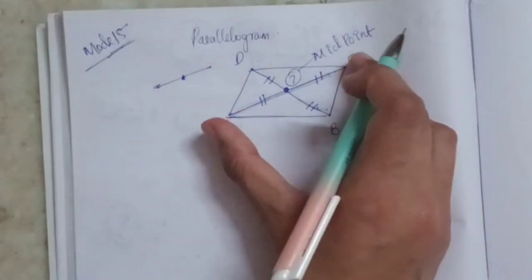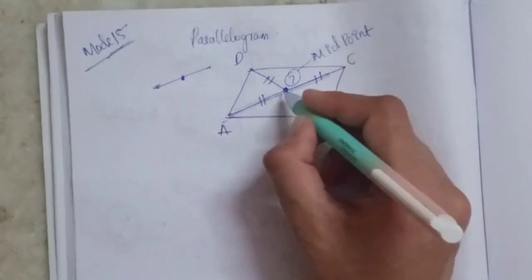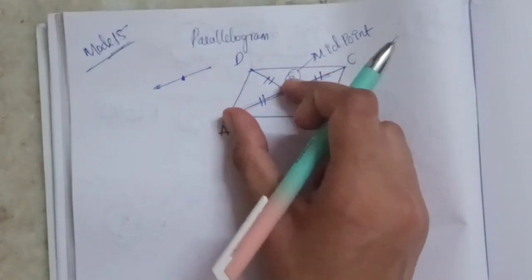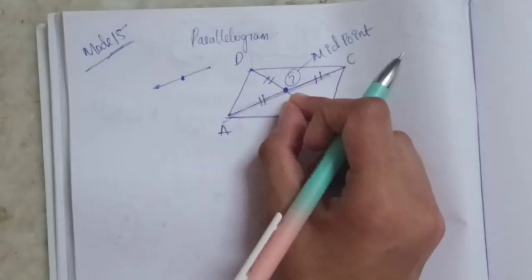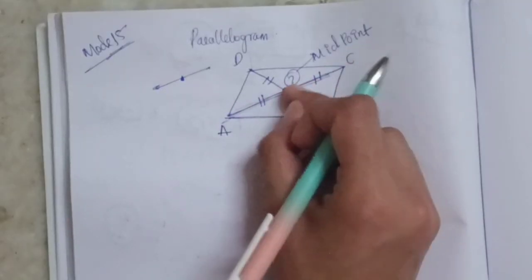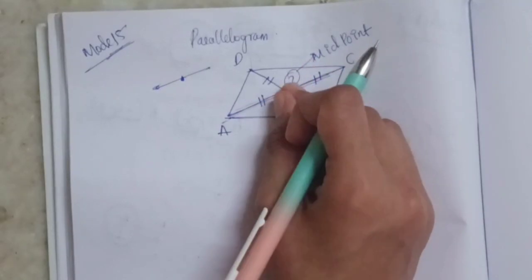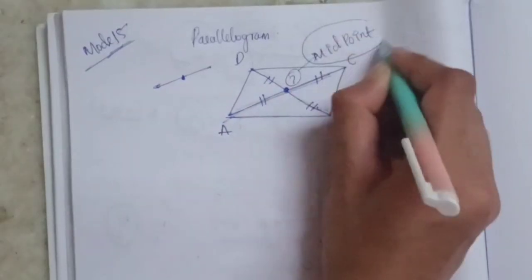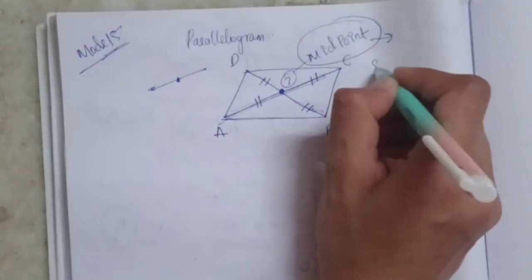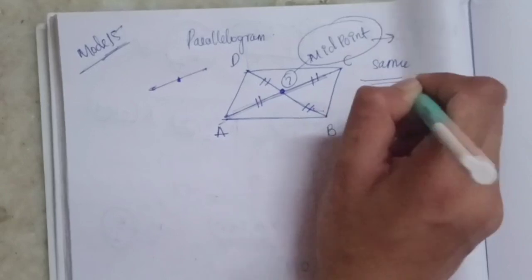And this diagonal also is dividing into 1 is to 1 ratio. So can I call it a midpoint? And the midpoints of both diagonals are intersecting each other, means the midpoints of these diagonals are the same. Okay, so this is the concept.